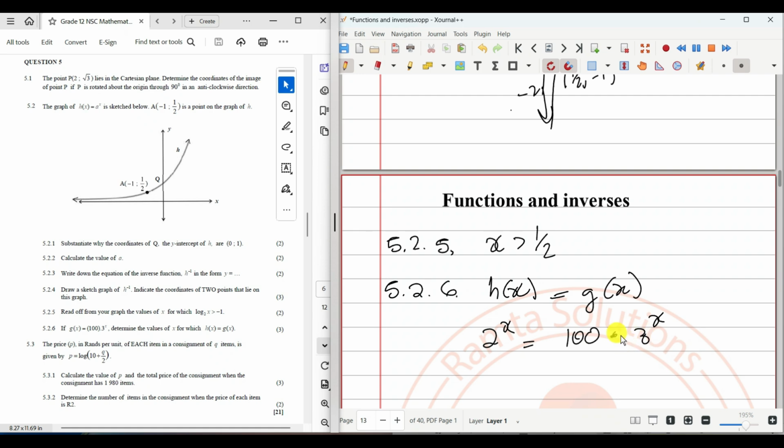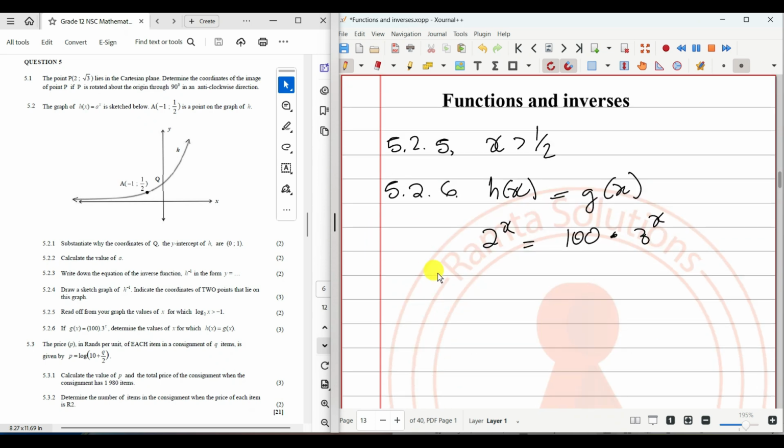With this, guys, it's a matter of using your exponential rules. So we will say 2 to the x over 3 to the x equals 100. Now your exponential rules: 2 over 3 all to the power x equals 100.